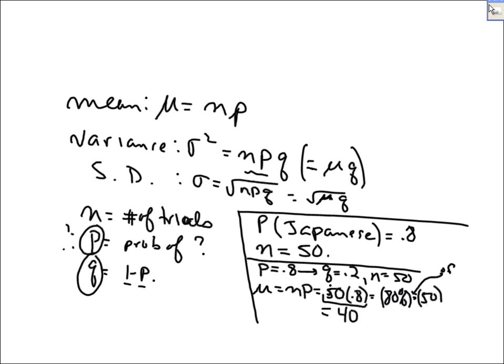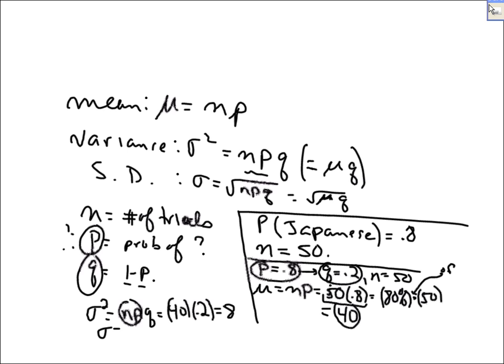Now, what's the variance? Let's go to the bottom right. The variance is npq. Well, coincidentally, we just computed np. It's 40 times q. Well, if p is 0.8, q is 0.2. And when you multiply these numbers, you get 8.